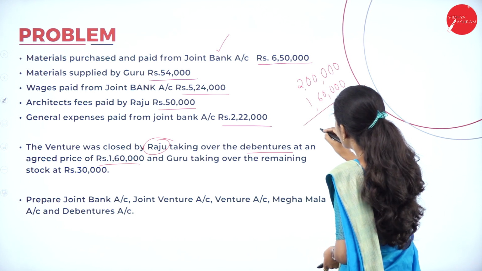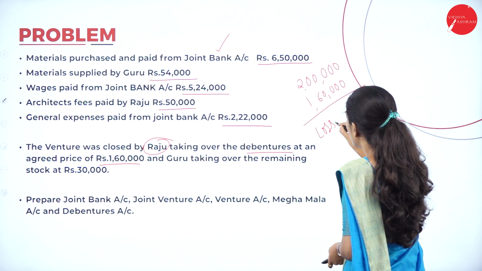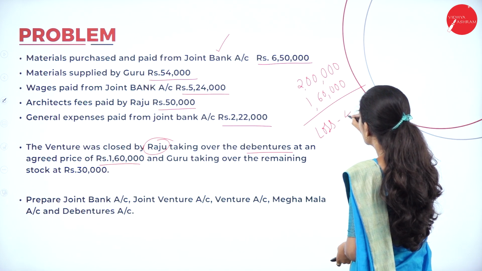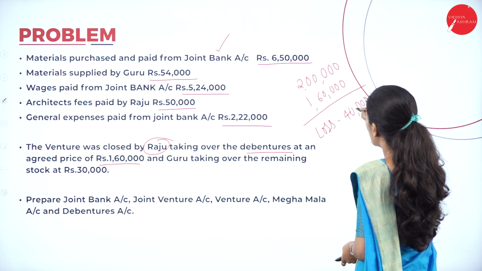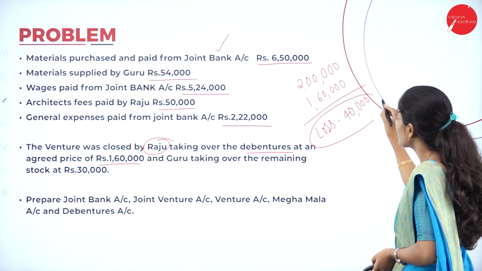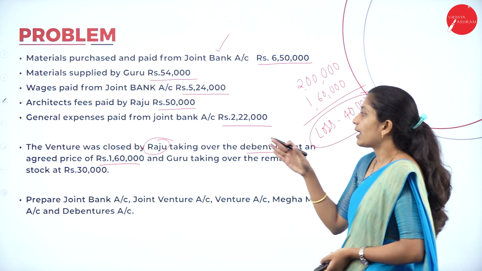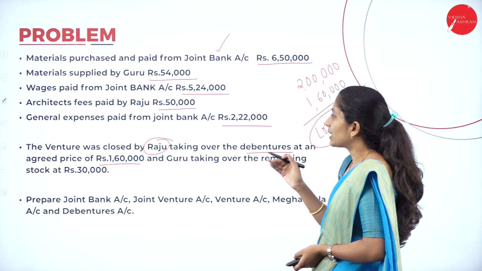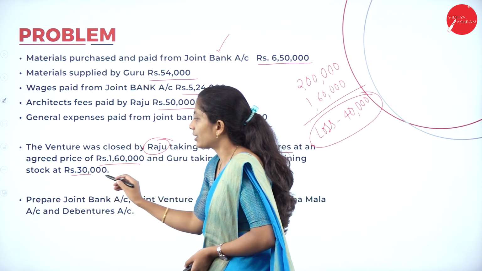So it means what? It is a loss. Loss of how much? It is 40,000, that is 2 lakh minus 1,60,000. Next, Guru is taking over the remaining stock for rupees 30,000.